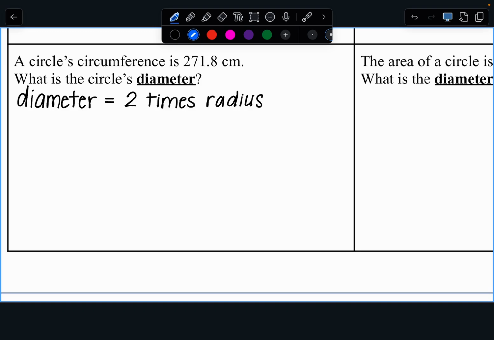Formula for circumference. Circumference is equal to 2 pi times your radius.